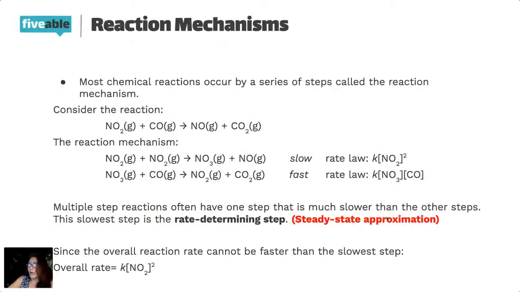Since the overall reaction cannot be faster than the slowest step, we make an approximation of the steady state, the approximation of the slowest step, and we consider the overall rate to be the same as the rate of the slowest step. In this case, the first reaction. So that's how we can say that the overall rate is equal to k times the concentration of NO2 to the power of 2.